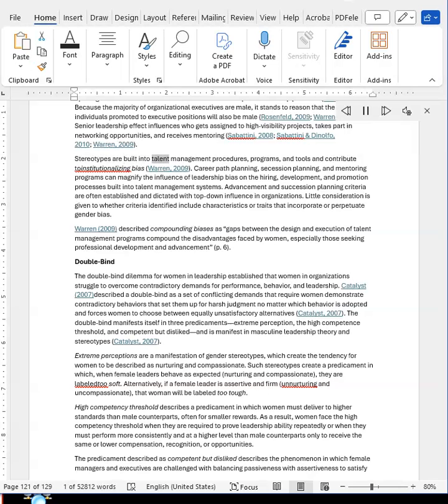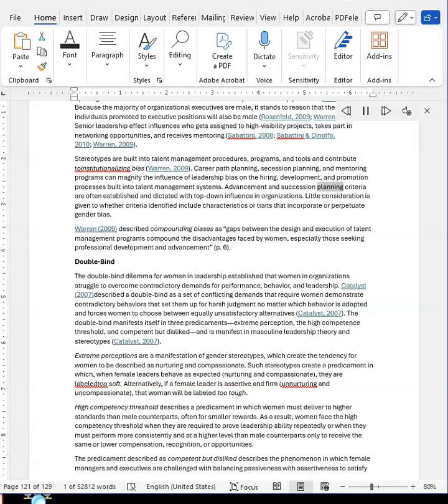Stereotypes are built into talent management procedures, programs, and tools and contribute to institutionalizing bias. Warren, 2009. Career path planning, succession planning, and mentoring programs can magnify the influence of leadership bias on the hiring, development, and promotion processes built into talent management systems.